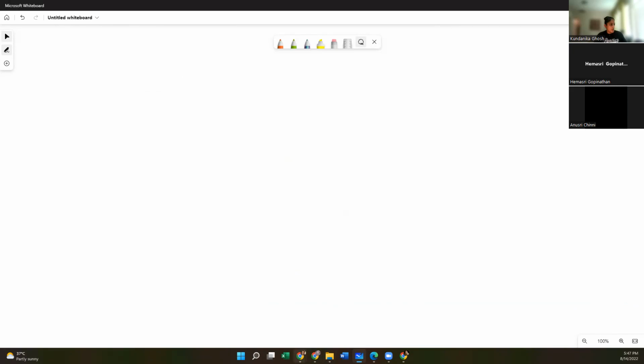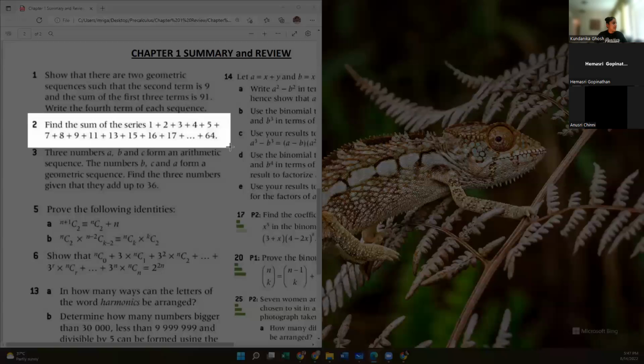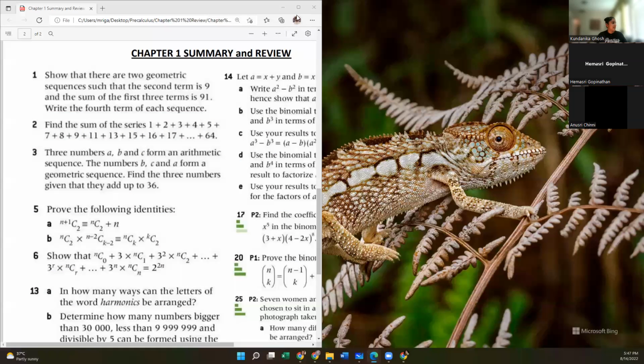Okay, now we are going to move on to the next question, which is: find the sum of the series 1 plus 2 plus 3 plus 4 plus 5 dot dot dot plus 7 plus 8 plus 9. That should say plus 10 plus 11 plus 12 plus 13 plus 14 plus 15.